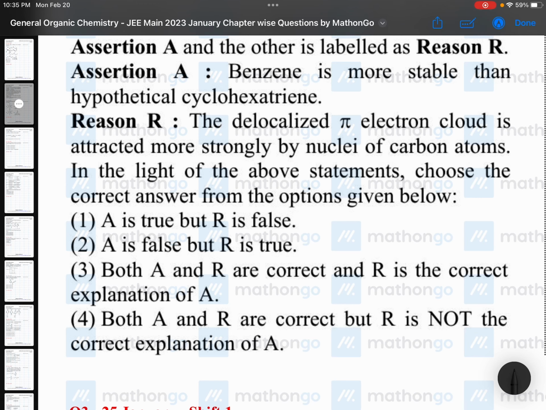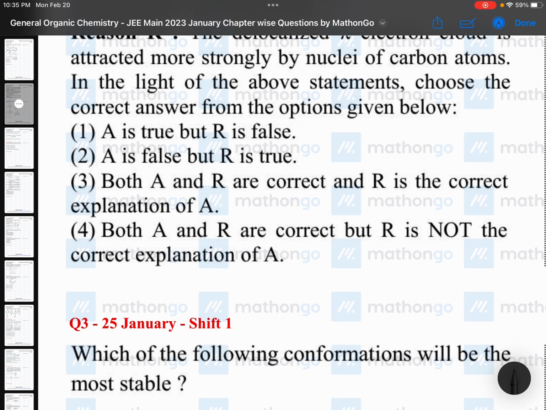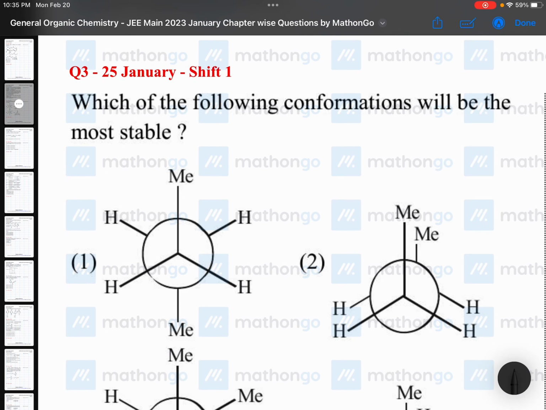Yes, okay. A and R are correct, and R is the correct explanation of A. Benzene is more stable than hypothetical cyclohexatriene, 100% right. The delocalized pi electron cloud is attracted more strongly by nuclei of carbon atoms. Means he is saying this is aromatic in nature. Okay, we need to accept.